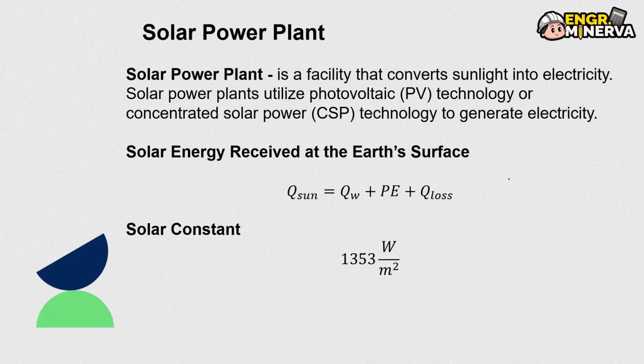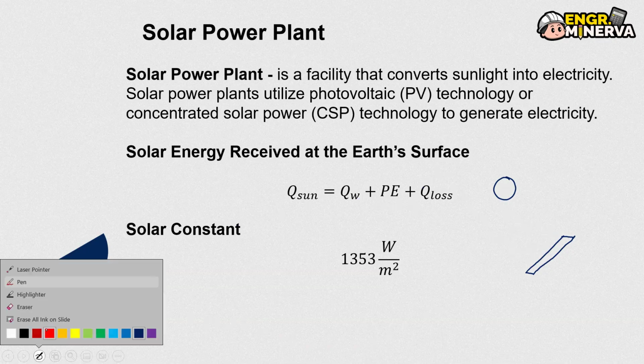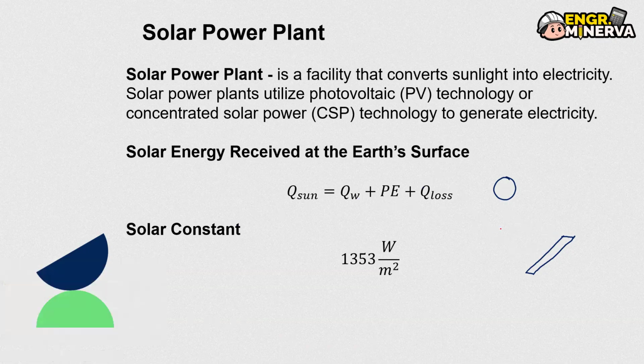So let's say that this would be our sun. We have here a solar flatbed collector. When you say a solar flatbed collector, that is the one that collects all the energy from the sun.